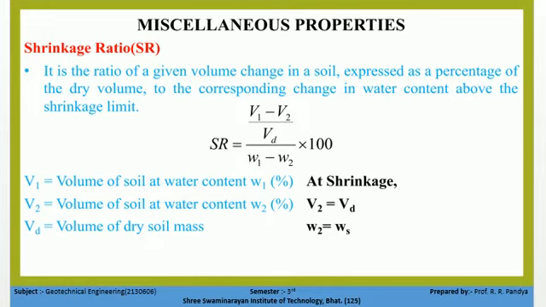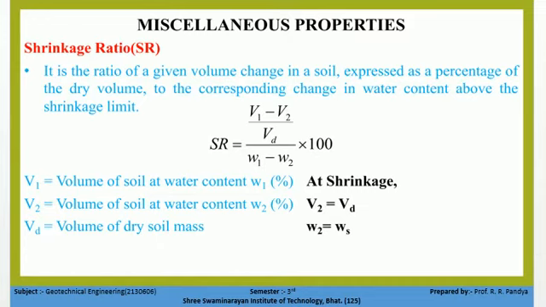Now take a look at the miscellaneous properties of soil. First one is Shrinkage Ratio. Shrinkage ratio is denoted by SR. The shrinkage ratio is the ratio of a given volume change in a soil, expressed as a percentage of the dry volume, to the corresponding change in water content above the shrinkage limit.